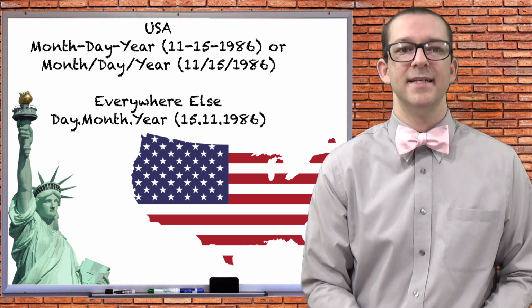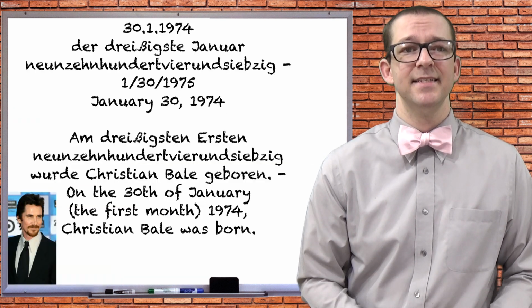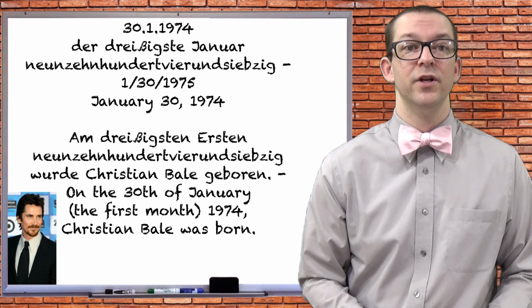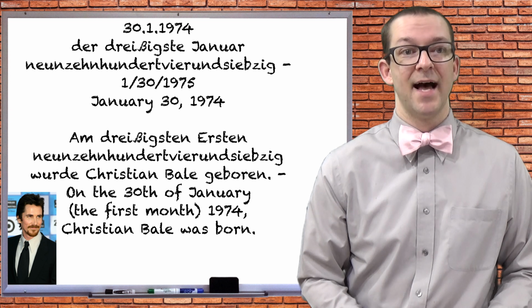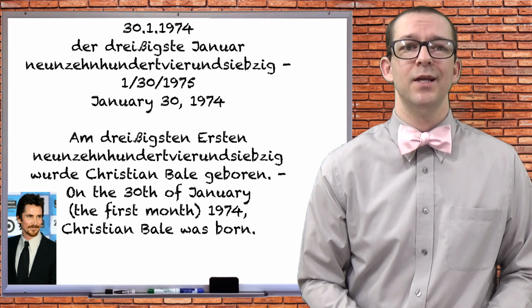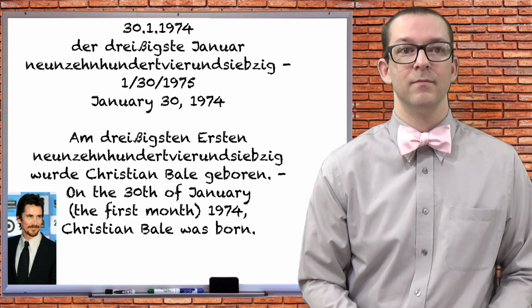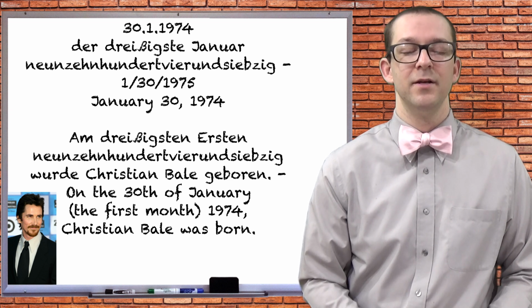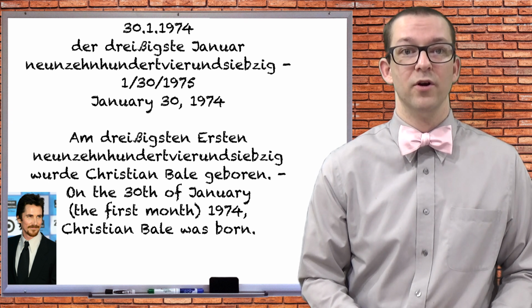Here are some historical dates and how to read them in German and American English. Der 30. Januar 1974. January 30th, 1974. Christian Bales Geburtstag. Christian Bale's birthday. Am 30.01.1974 wurde Christian Bale geboren. On the 30th of January, the first month, 1974, Christian Bale was born.